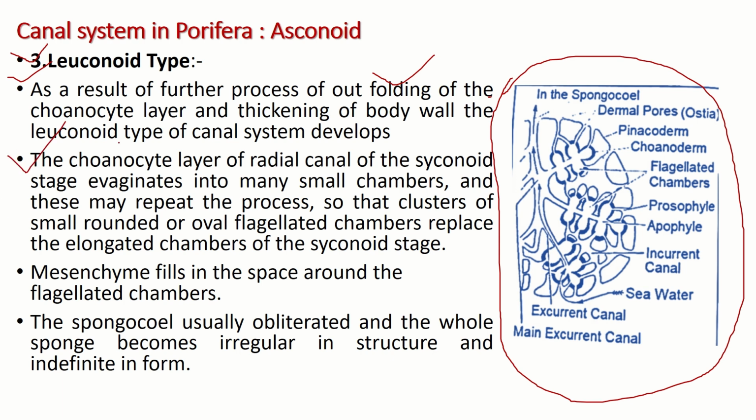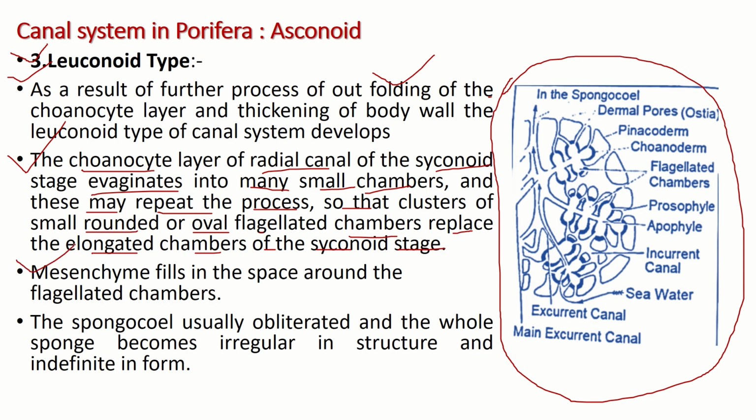The choanocytes of the radial canals of the sycon stage evaginate into many small channels or chambers, and this may repeat the process so that clusters of small rounded or oval flagellated chambers replace the elongated chambers of the sycon stage.